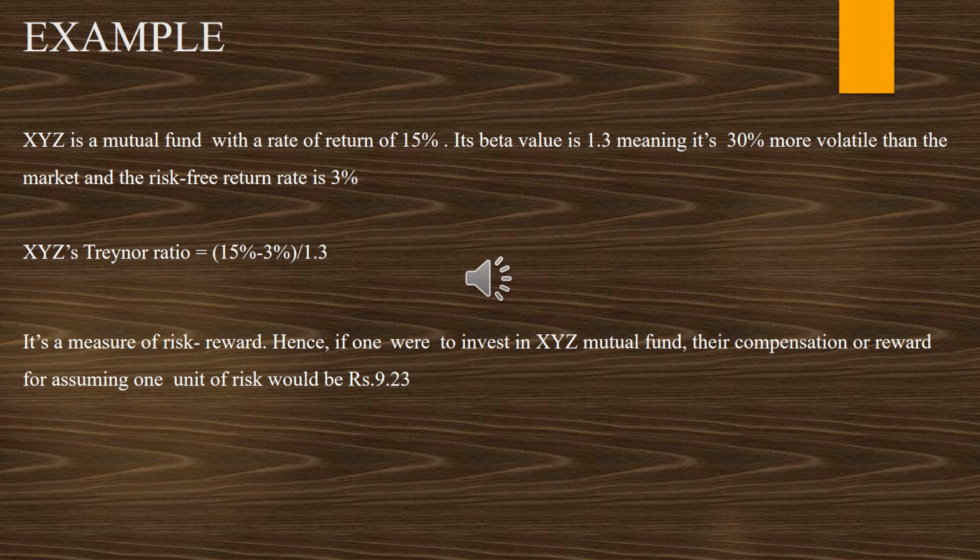It's a measure of risk and reward. Hence, if one were to invest in XYZ mutual fund, the compensation or reward for assuming 1 unit of risk could be rupees 9.23, and this is the best example of Treynor's ratio.